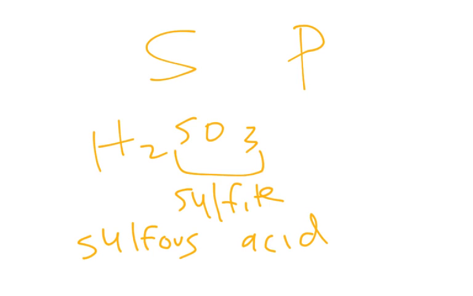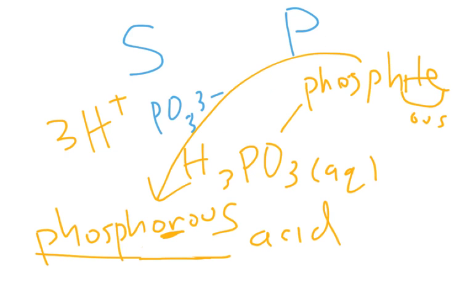In between the F and the O, before ous, we have to add an UR. So let's change this knowing that. Instead of sulfous acid, we get sulfurous acid. So the difference is that we add the UR before ous, just like how we added the OR before ous for phosphorous acid.